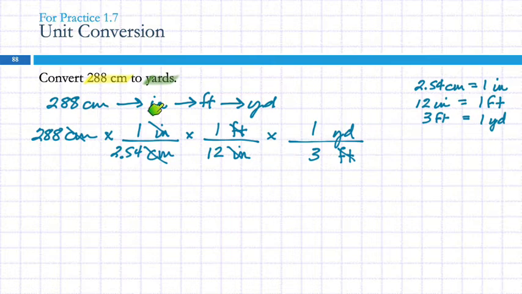So I make a path figuring out what relationships between these units, how can I get from one place to another? And then I use that to make my equation. Number of arrows tells me how many fractions. These are the units that go on the top. I take the previous unit and stick it on the bottom.